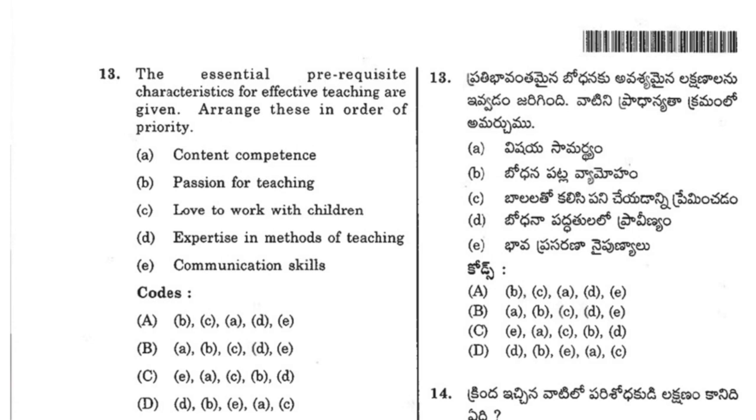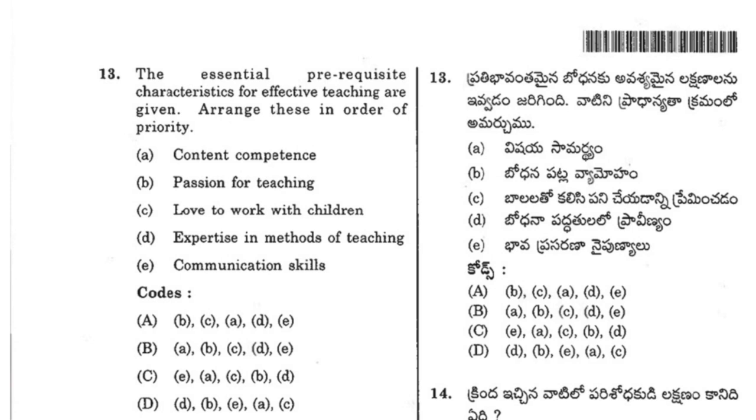The essential prerequisite characteristics for effective teaching are given. Arrange these in order of priority. See, below he gave characteristics of effective teaching and he asked to arrange them in a proper way.